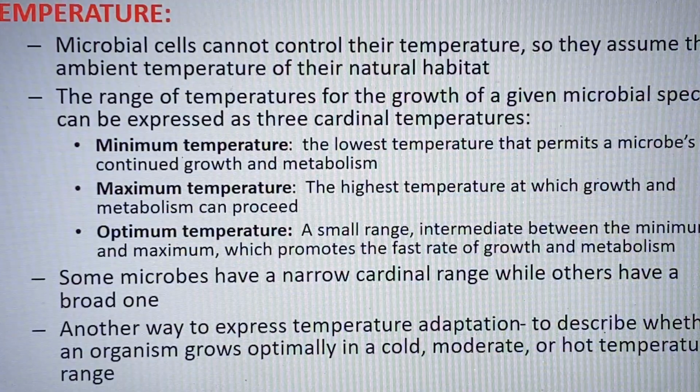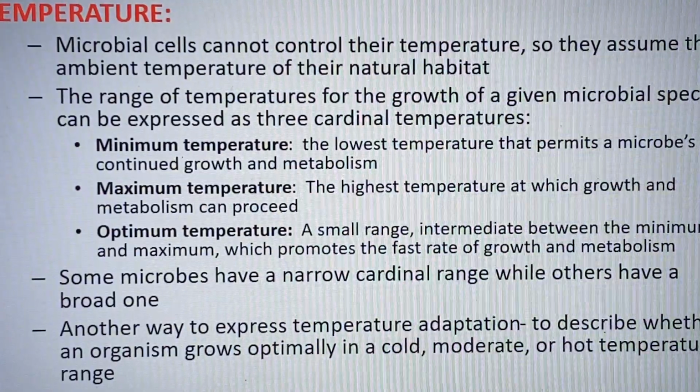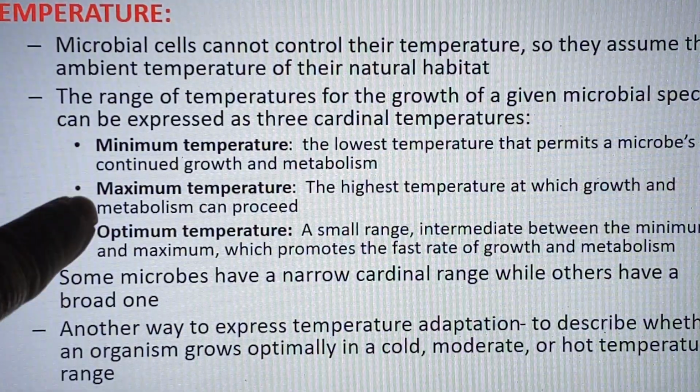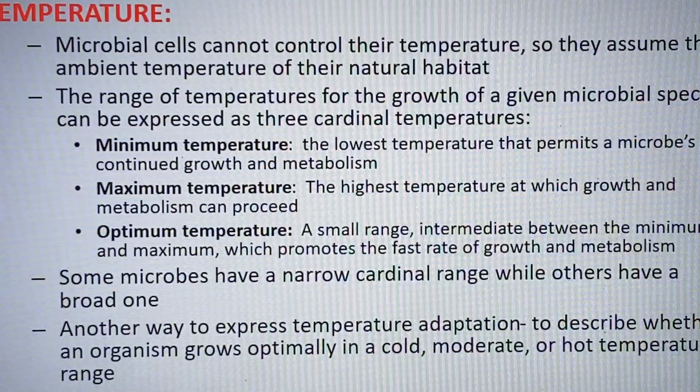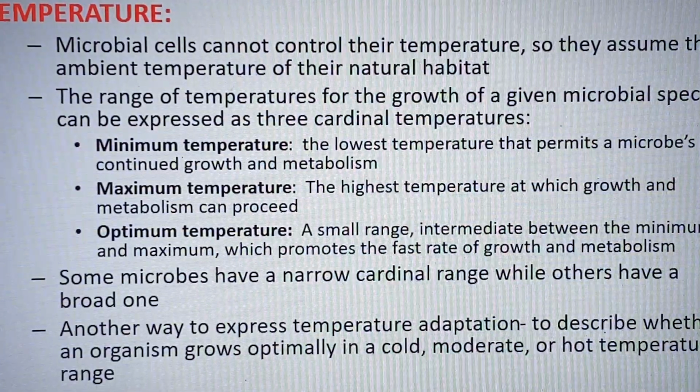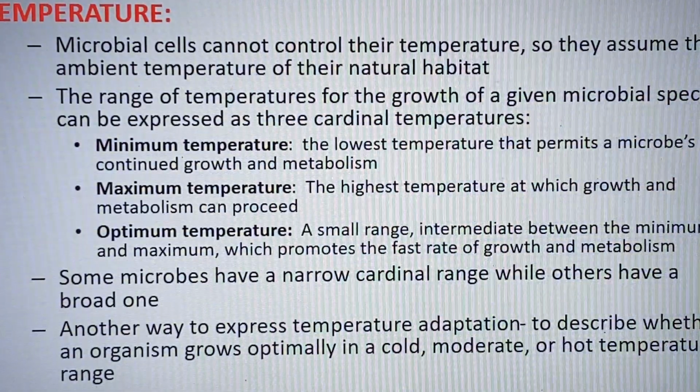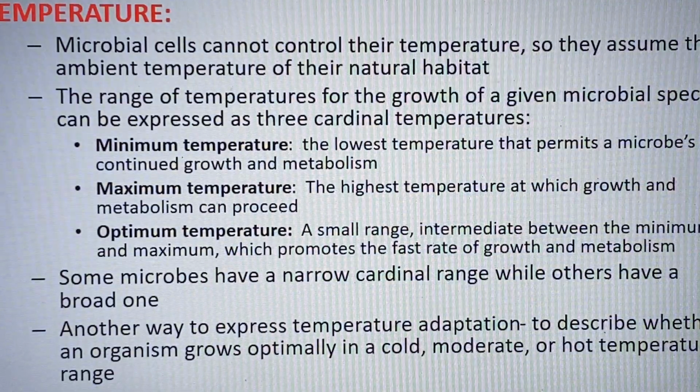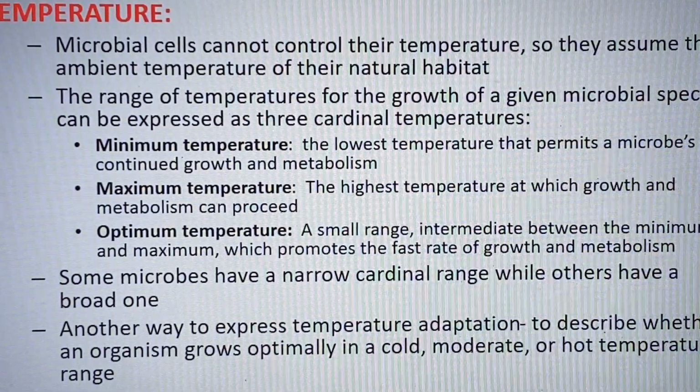It's not going to grow very fast, but it can still maintain a little bit of growth. On the opposite end of the extreme is the maximum temperature, and this is the absolute hottest it can get for growth to still proceed. Also the amount of growth is not going to be very big, but still a little bit.